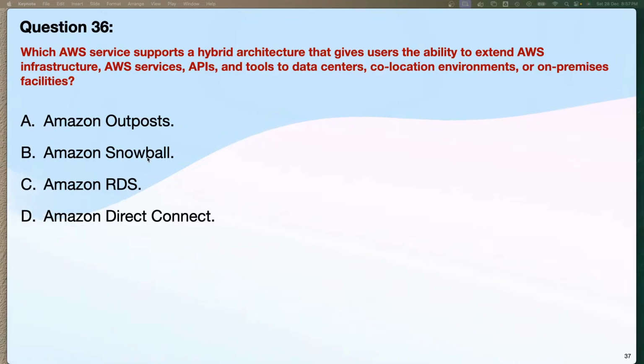Like that, if you wanted to transfer data from on-prem to cloud, you can use Snowball devices. Okay. And Amazon RDS is a database service. It is not meant to have on-prem deployment, right? It only works on AWS. Amazon Direct Connect is for network communication, right? Between on-prem and cloud. So these are not the answers. So Outposts is the answer. So 36 A is the answer. Okay.